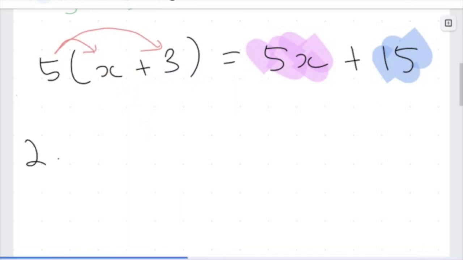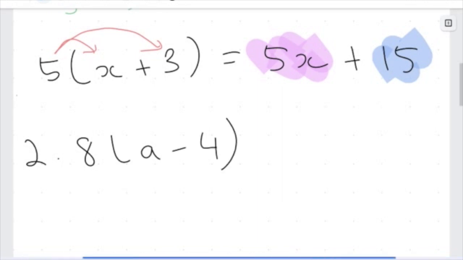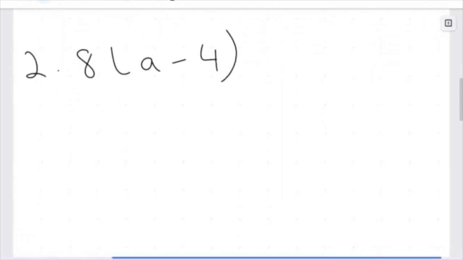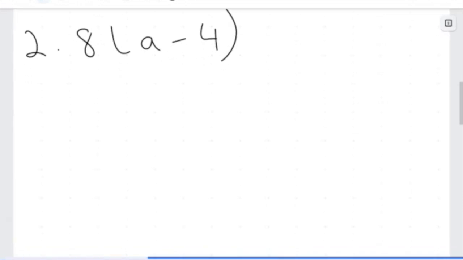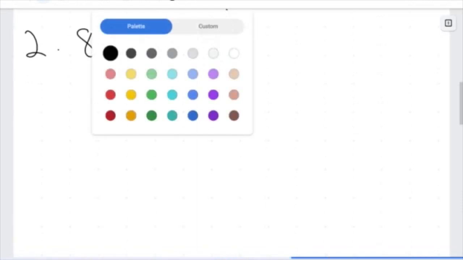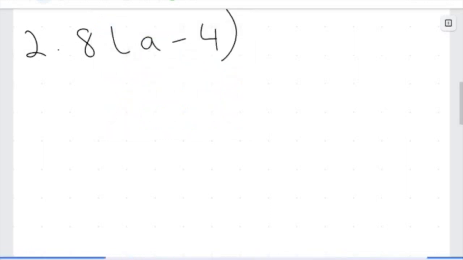So the question I'm going to do here is a outside of a minus 4. Okay, I'm going to do this in the same way. It's going to take a little bit of writing, so I apologize here. But taking 8 lots of a minus 4 is like going a minus 4 plus a minus 4 plus a minus 4.